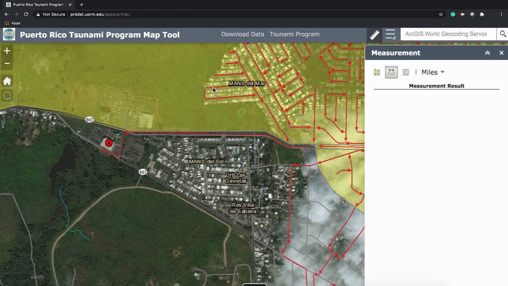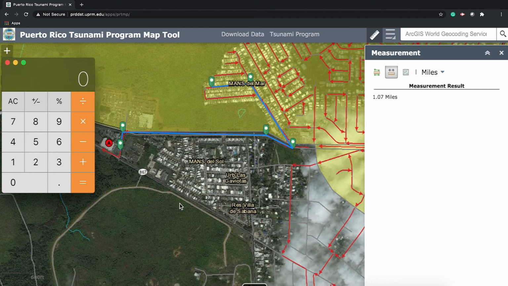Next, let's measure the distance from the house along the evacuation route to the nearest assembly point. This distance is approximately 1.07 miles. We'll do the same calculations we did earlier to find how long it will take to walk to the assembly point.